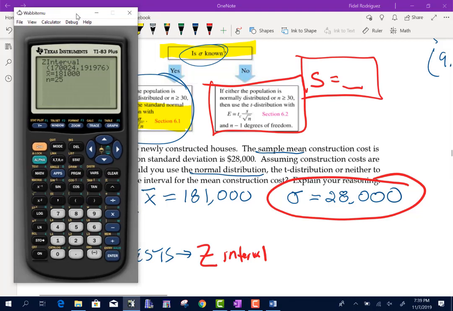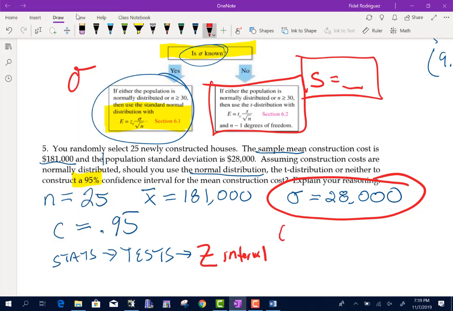Guys, all I'm going to do is copy it down here. So let's see, 170,024. And I'm going to take away that extra parenthesis, that extra comma, because it'll look like I'm writing too many commas. Okay. And what was the other one?